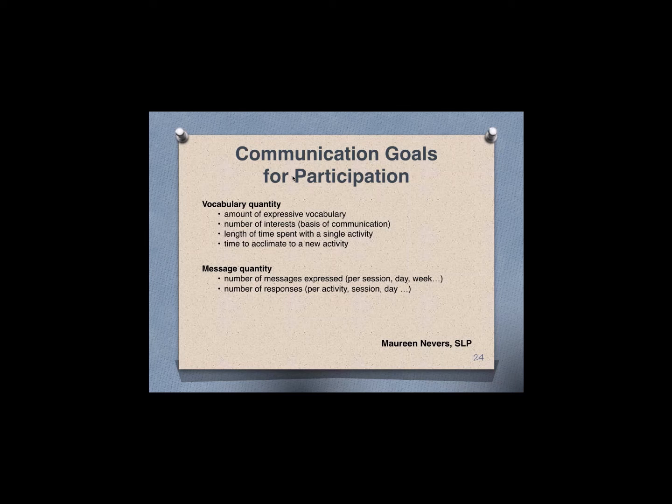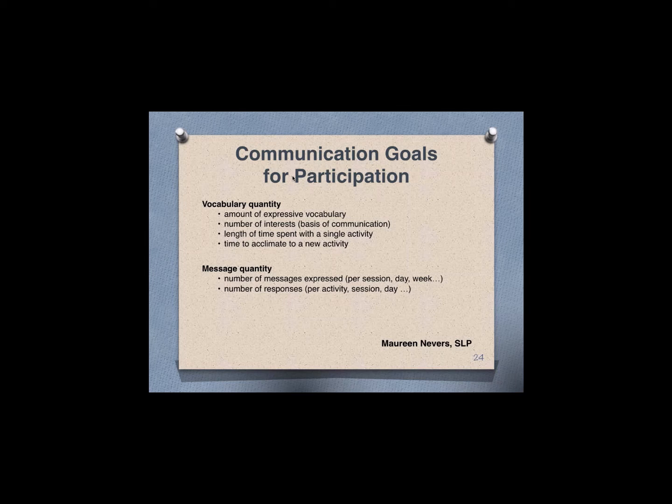In the beginning, that's all they did. Or maybe they found Uncle Jimmy's picture under people and they hit it over and over again. So they're expressively using it that way, but now we're going to start increasing the number of things that they're initiating that kind of conversation on, or that they're having some interaction around.